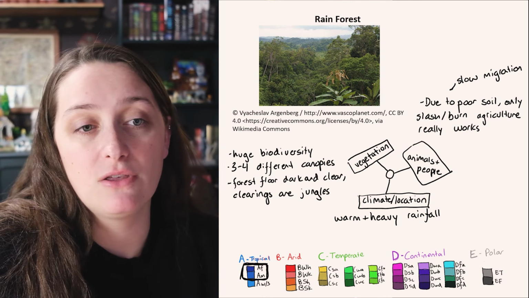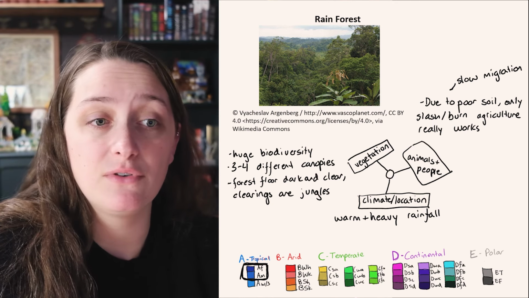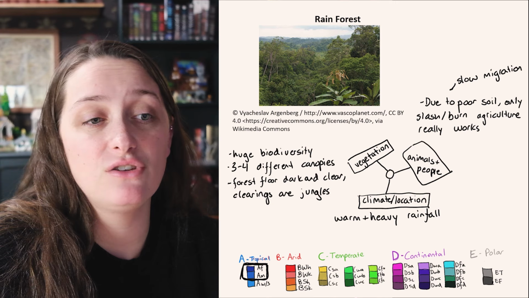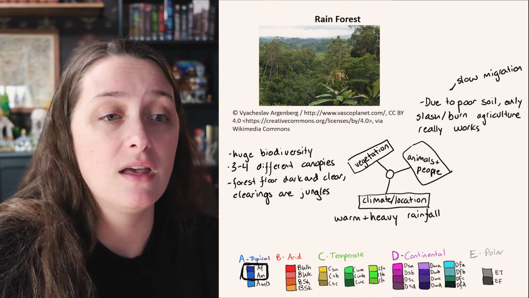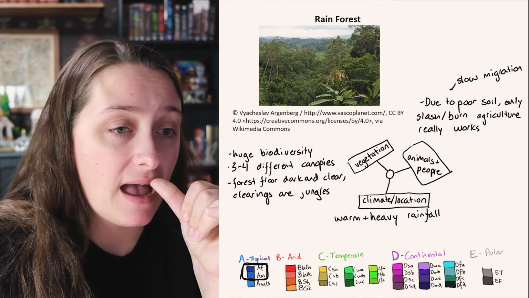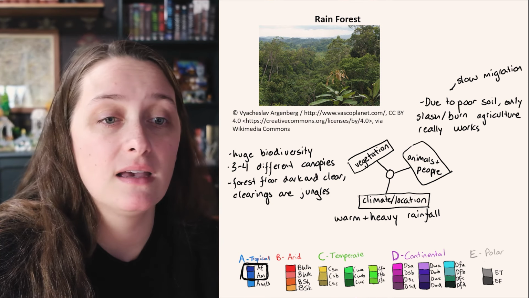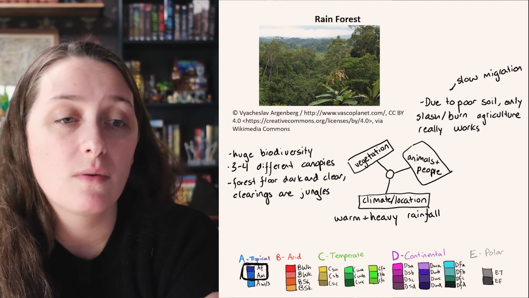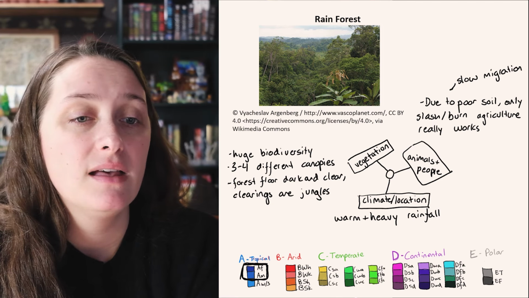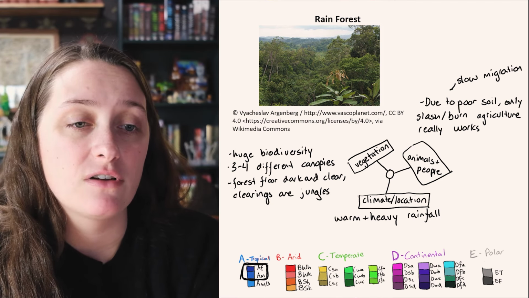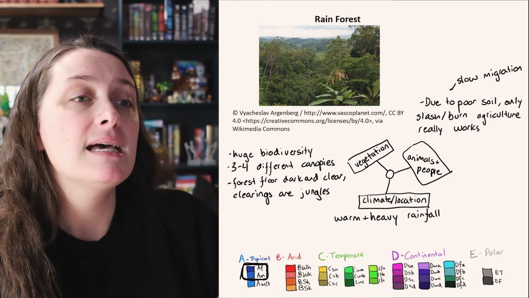Because of this climate, though, soils are very poor, and if you remove the trees, it is basically useless for agriculture or animal husbandry. A lot of spices come from rainforests, though. Vanilla, pepper, allspice, and these will be found in warm climates with heavy rainfall, like tropical humid climate and tropical monsoon climate.